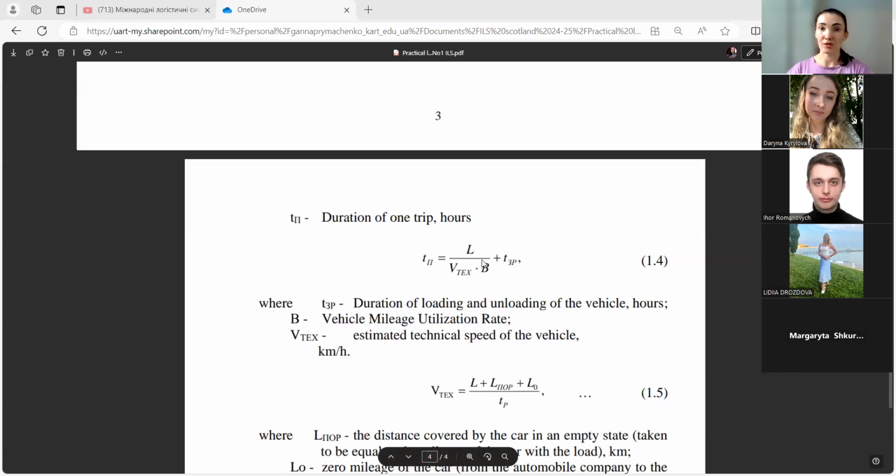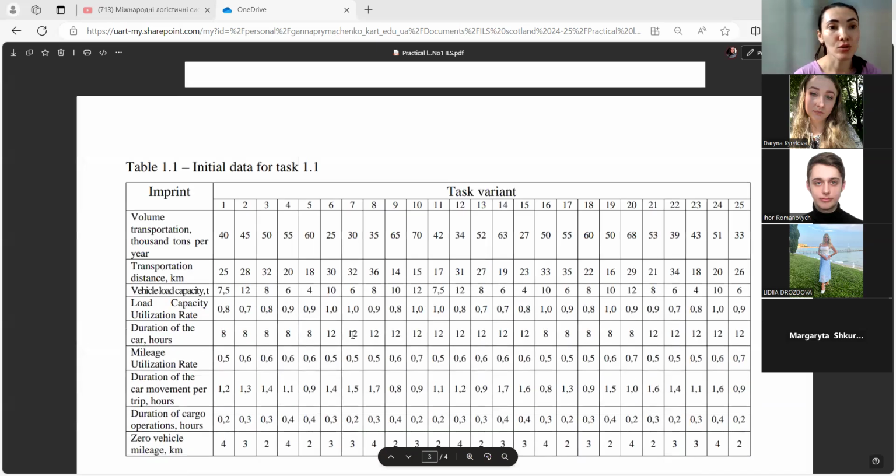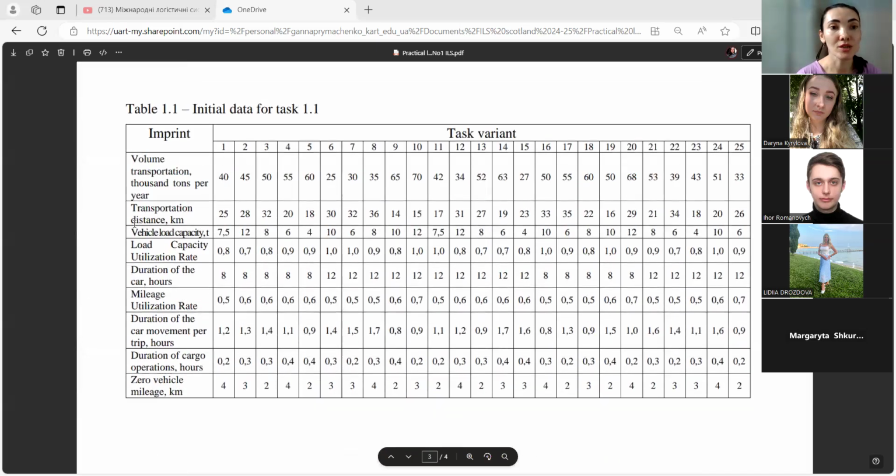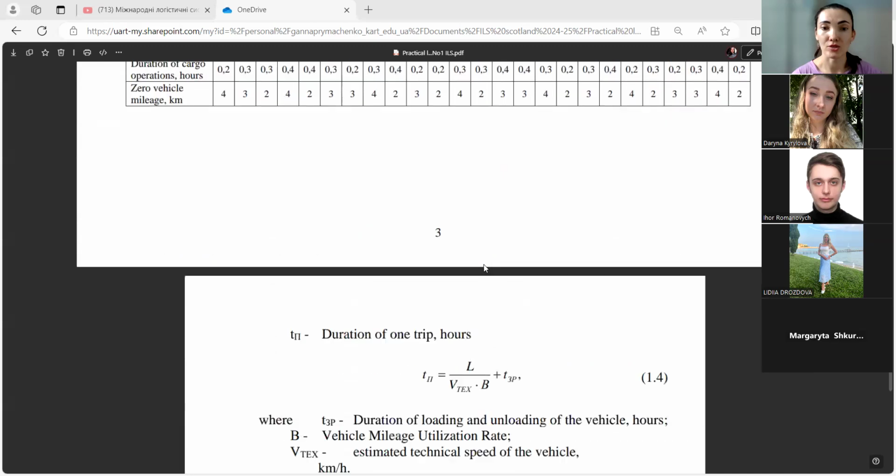Also write the number of your variant, L the distance. In table 1.1 it is the transportation distance, the second line in our table. For example, for the first variant it is 25 kilometers, and so on for the other variants.